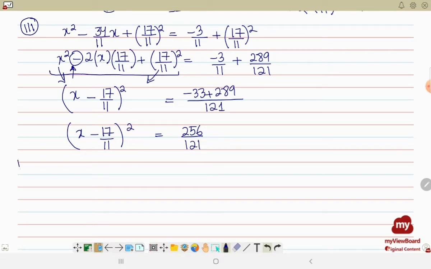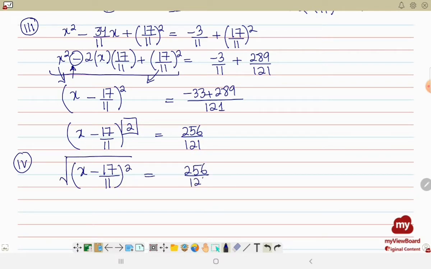Now in the fourth step of working, we are supposed to remove this square, so we'll take the square root on both sides. 256, 121. So we have taken the square root on both sides. Square will get cancelled by the root, and we are going to have x minus 17 by 11 equals plus minus 16 by 11.